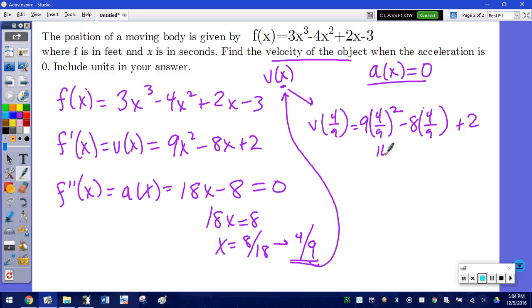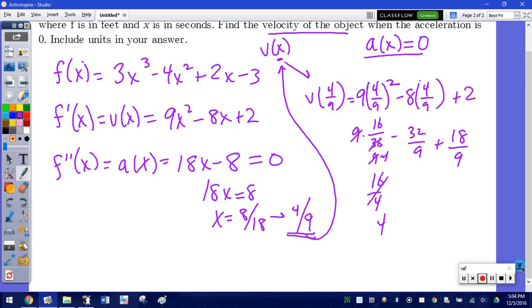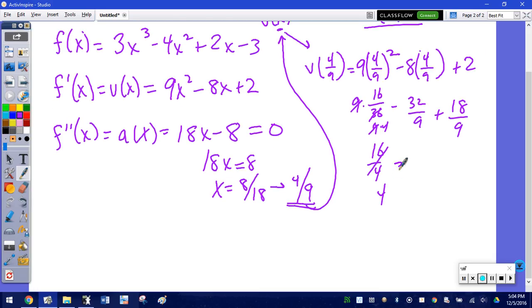That'd be 16 over 36 times 9 minus 32 over 9 plus 18 over 9. This is really 9 times 4, so the 9's cancel, giving us 16 over 4, which is 4. 4, of course, is 36/9.